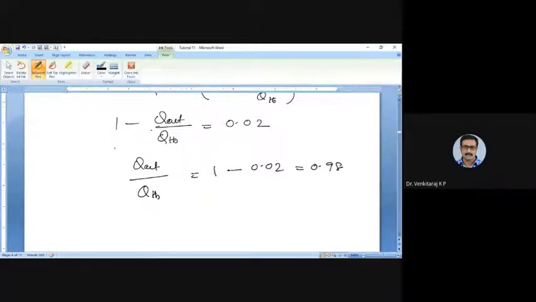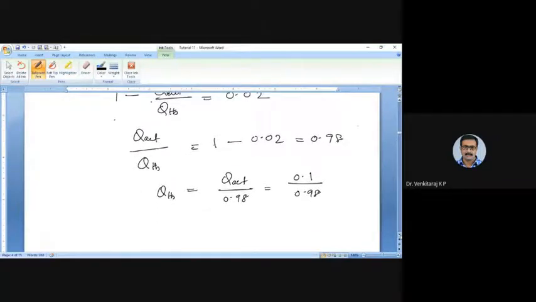And the Q theoretical value will be equal to Q actual by 0.98. Q actual we have as 0.1, so 0.1 by 0.98.